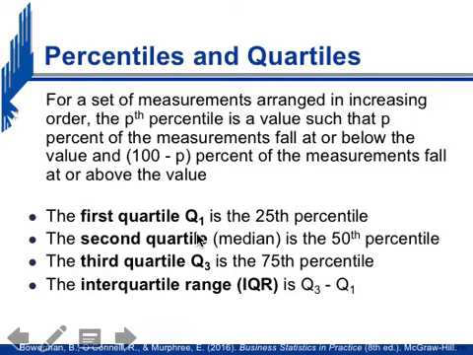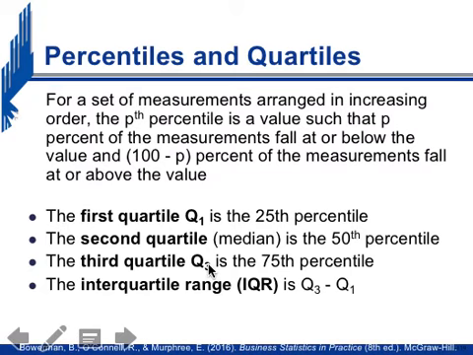Another commonly computed percentile is the 50th percentile, or also called the second quartile, or the 5th decile, or the median. The 50th percentile is the number where 50% are lower and 50% are higher, which is, again, technically just the same as the median.